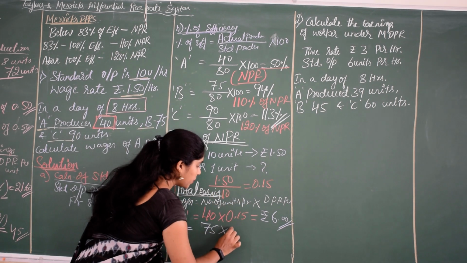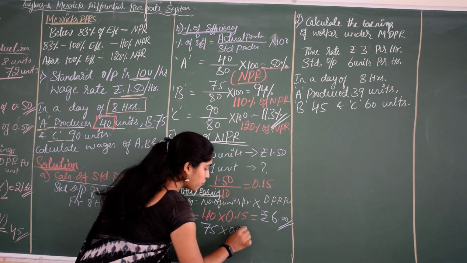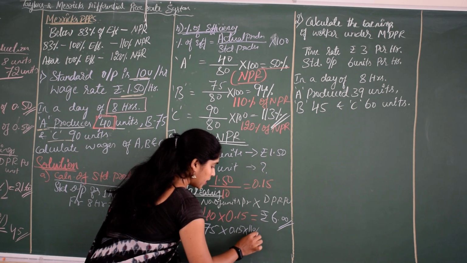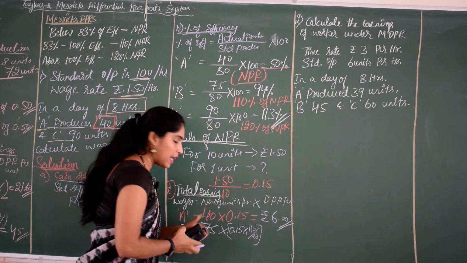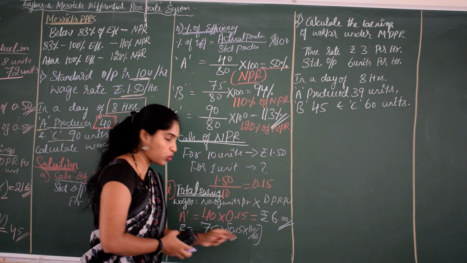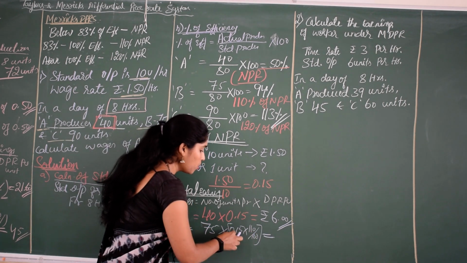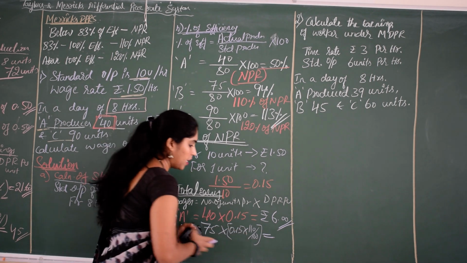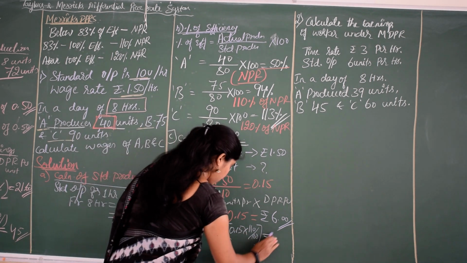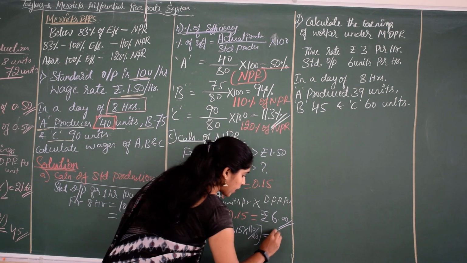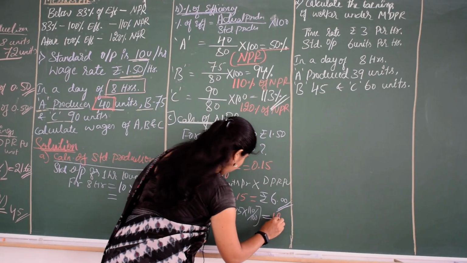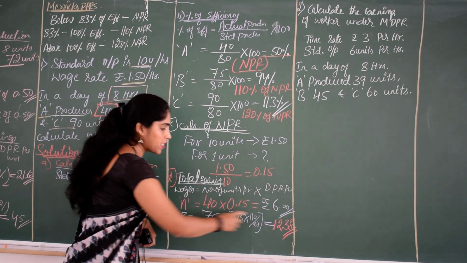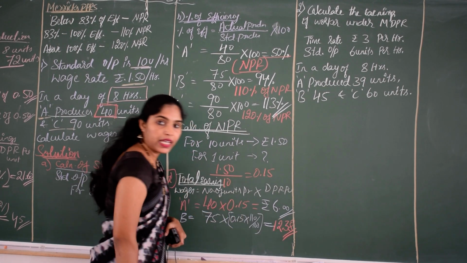Normal piece rate is 0.15 into 110%, 110 divided by 100. If you want you can calculate this separately also, but I am showing this here only. So, 110% of 15 paise, he is going to get 0.165. So B's wages is 12 rupees 38 paise.